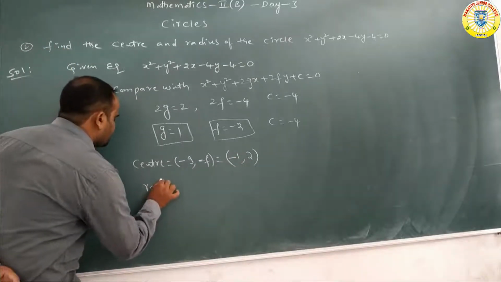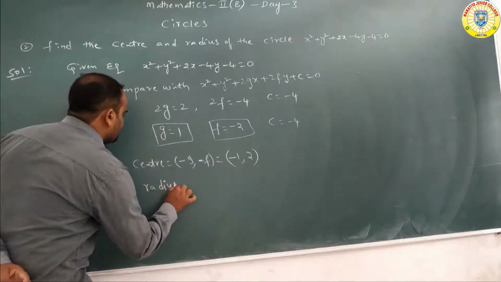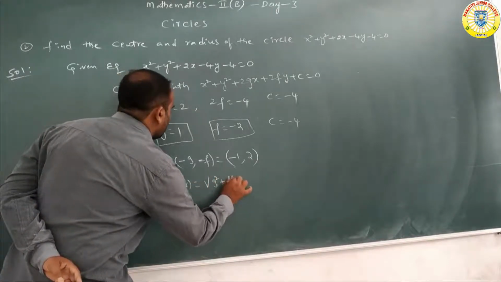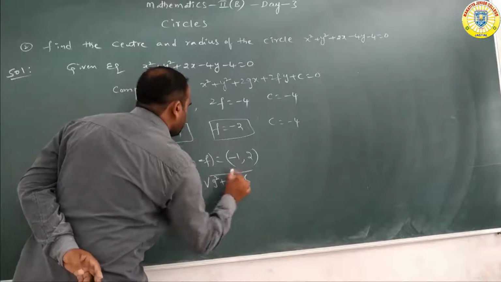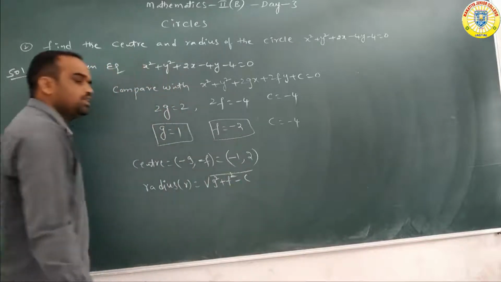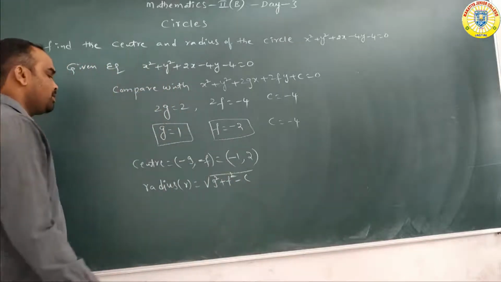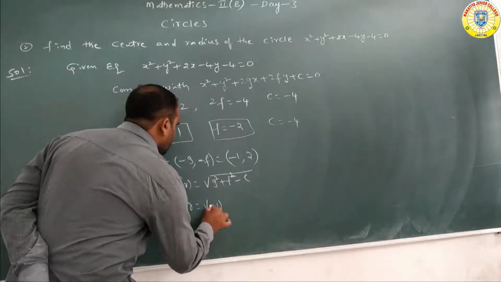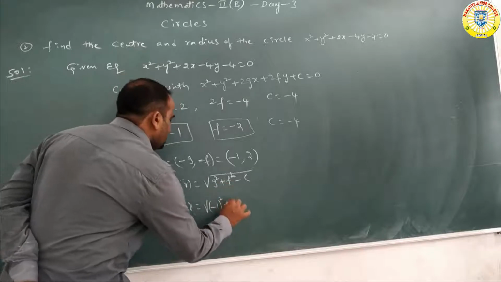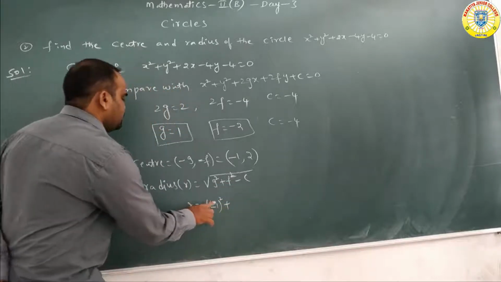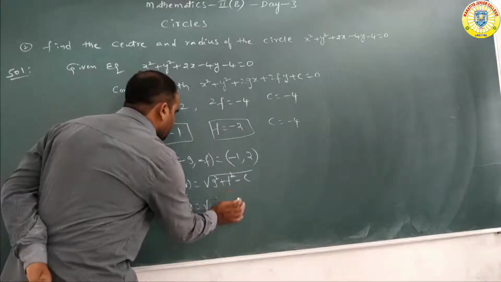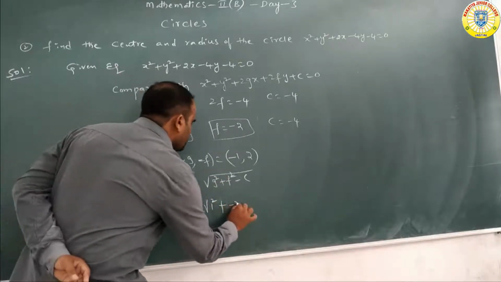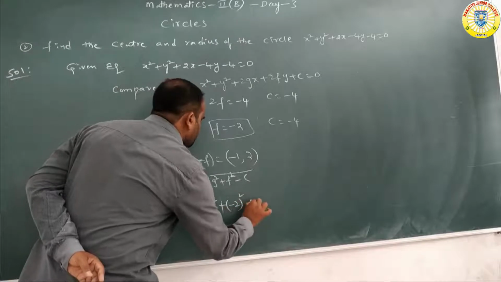And the radius? Radius r is equal to the root of g squared plus f squared minus c. Here g is 1, so g squared is 1 squared, which is 1. f squared is (minus 2) whole squared, which is 4.